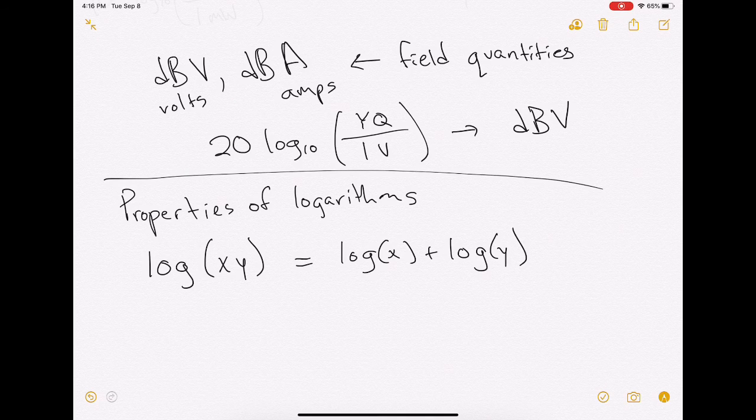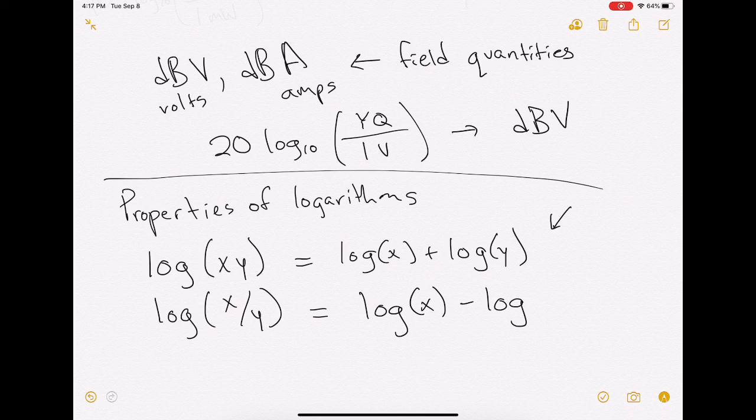So the log of a product turns into the sum of the individual logs. The log of x divided by y, which you might be able to guess from this expression, is going to be log of x minus log of y. So the log of a quotient turns into the difference of the two logs.